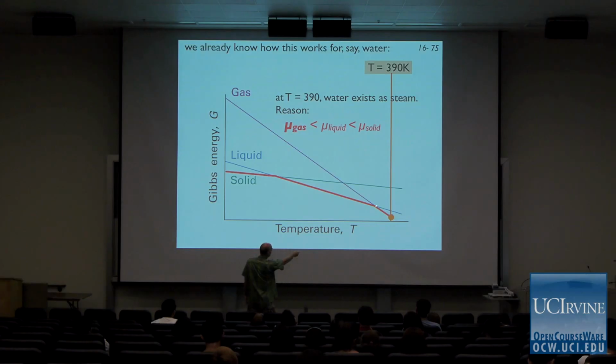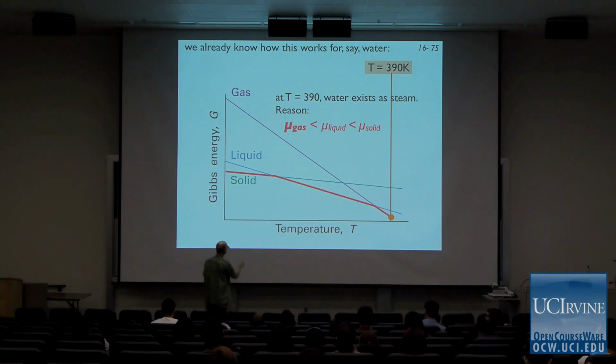But at these phase transitions, the chemical potentials of two phases are equal to one another, and in principle they can coexist, and the chemical potential across the phase boundary for steam at the boiling point in the liquid and in the gas phase is exactly the same. By definition, it has to be. And the same thing is true for liquid water.